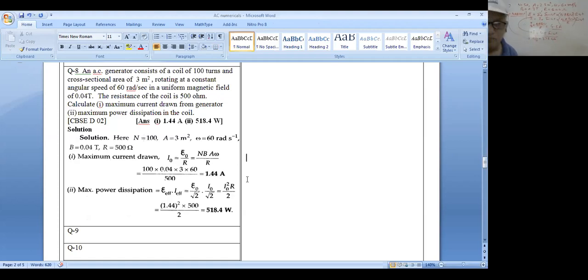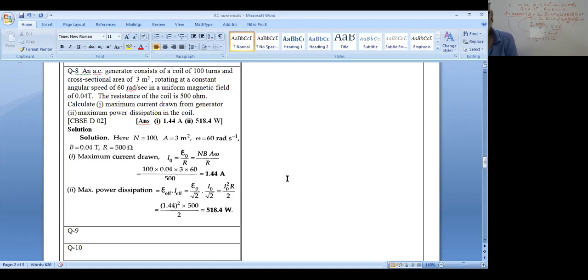And what is maximum power transmission? It means E effective and I effective, or E virtual and I virtual, or E RMS and I RMS, since the RMS value is also called the effective value or virtual value. Putting these values, you can find the power dissipation or power loss also.